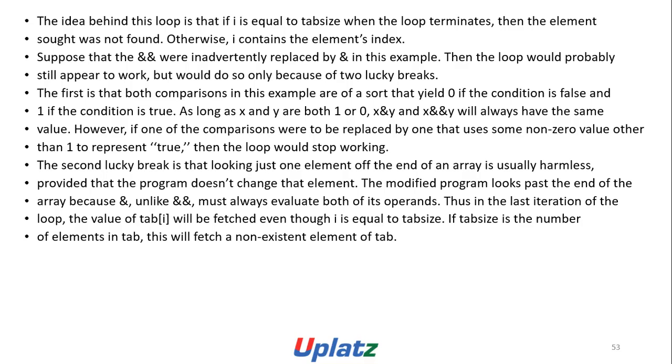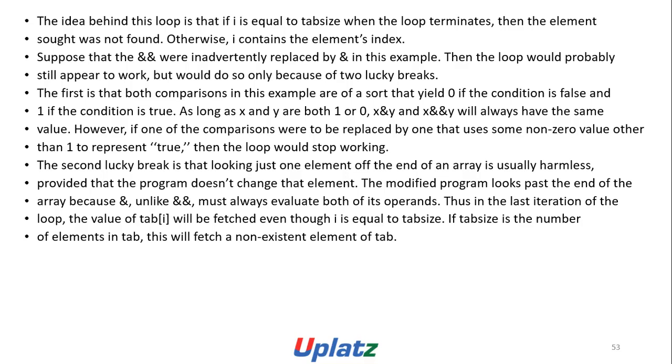However, if one of the comparisons were to be replaced by one that uses some non-zero value other than 1 to represent true, then the loop would stop working. The second lucky break is that looking just one element off the end of an array is usually harmless, provided that the program does not change that element.